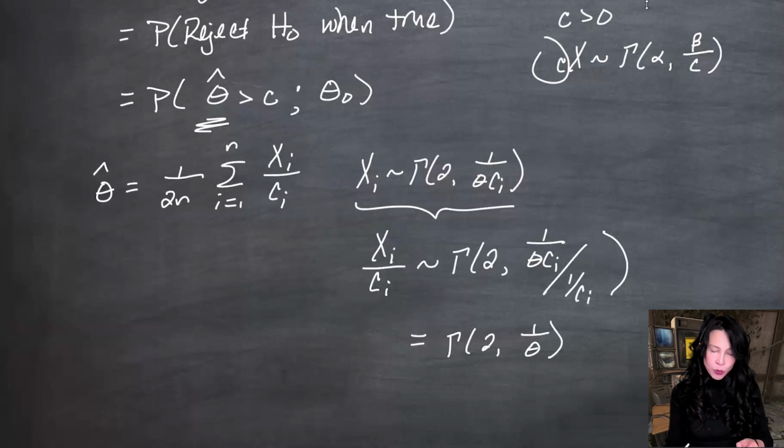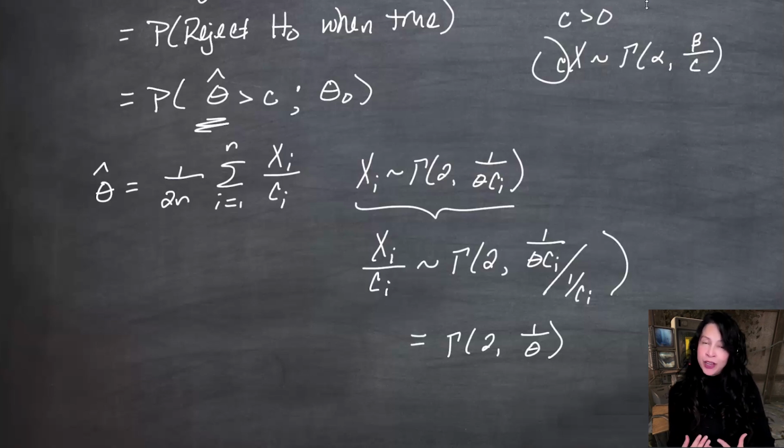And we do know that the sum of IID gamma random variables is gamma, but let me just tell you that it's easy to show using moment generating functions that if you're summing gamma random variables, if they have the same beta parameter, they can have different alpha parameters, and that sum will still be a gamma, but not the other way around.